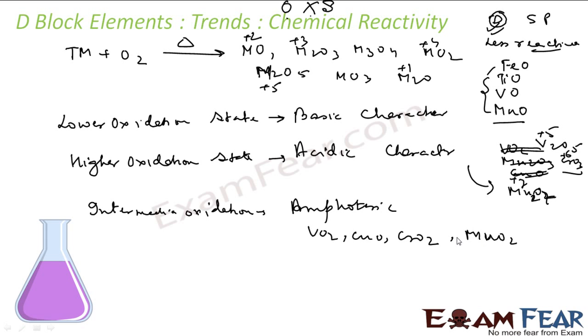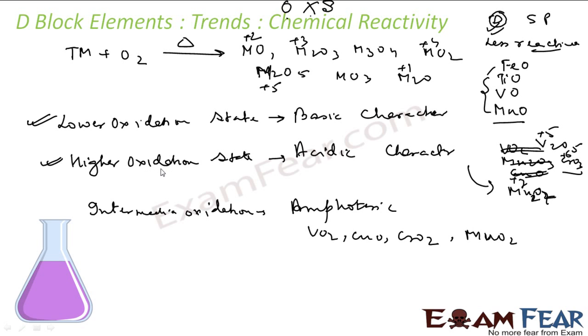Now the question is, why is the lower oxidation state basic and the higher oxidation state acidic? In the lower oxidation state, some of the valence electrons are not involved in the bonding, and since they are free, they behave as base. But in case of higher oxidation state, almost all the valence electrons are involved in bonding.